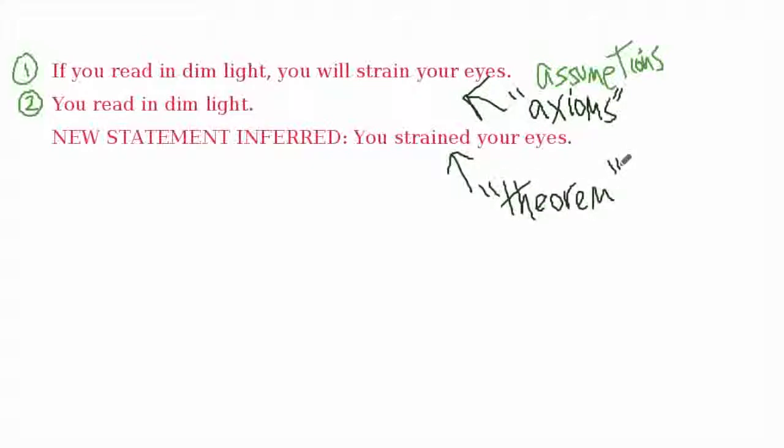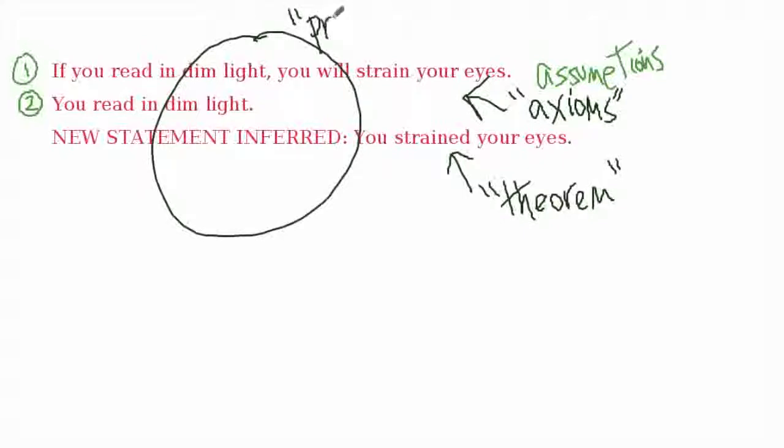So you want to infer theorems from axioms, and then if you spell out the way that axioms infer a new statement, like here I didn't have to do a lot of work, but I was laying out what axioms infer this theorem, this whole presentation is referred to as a proof.